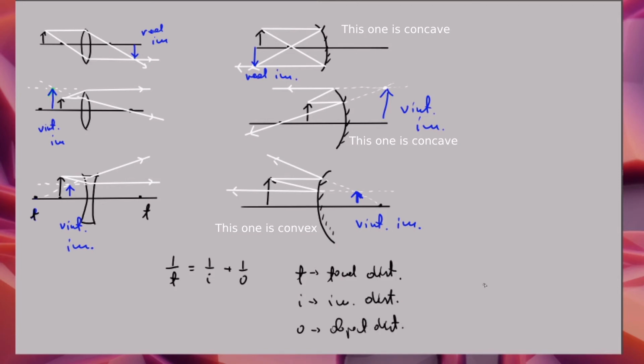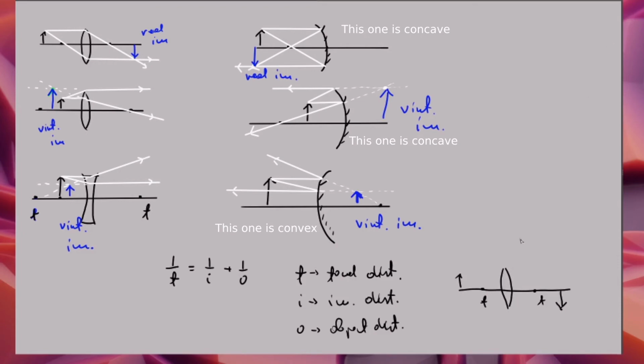And if I were to draw a brief picture with all of this, I guess I would do this. Here's the object, here's the focal point, here's the focal point, so F and F. And the image, now let's see, the image would be formed somewhere here, so I'm going to put the image right here.